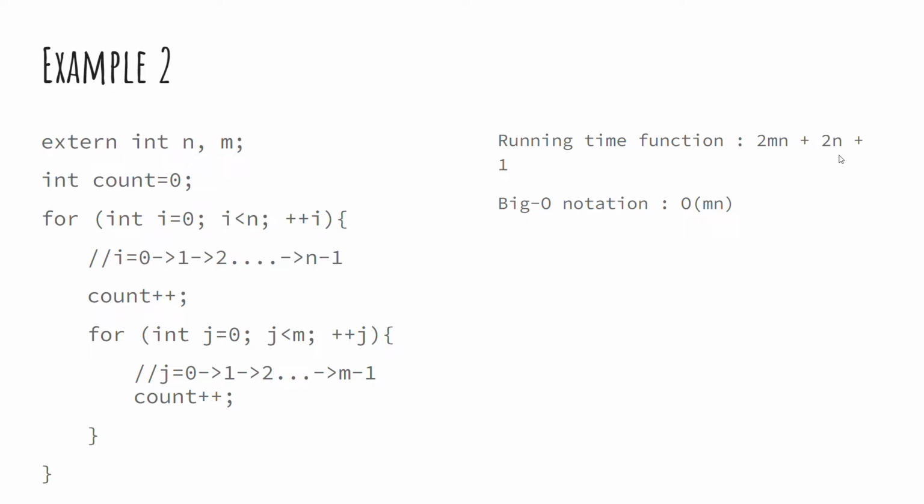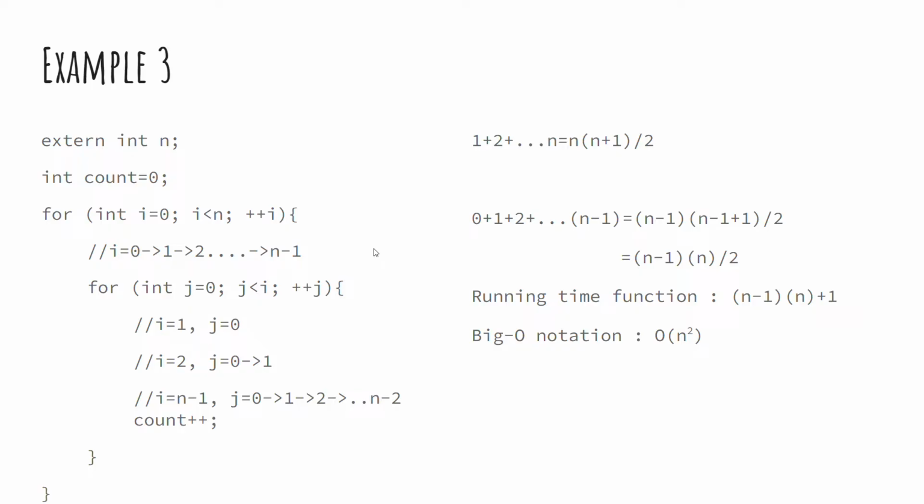That brings the 2n in this equation, and the plus 1 comes from the initial declaration of count to 0. And so we can say that this example has a big O time complexity of mn.